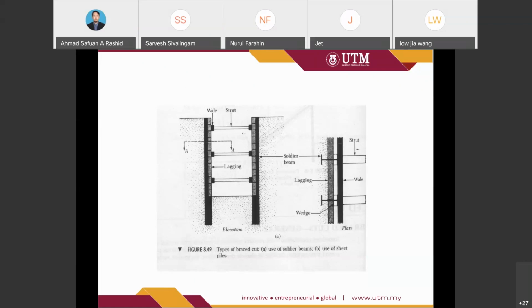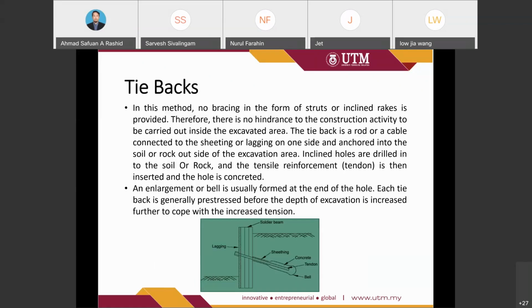So in this case, the wedge play the most important rules. Okay. So another one is the tie back. Okay. If they don't want to use a bracing, they use a tie back system. Okay.